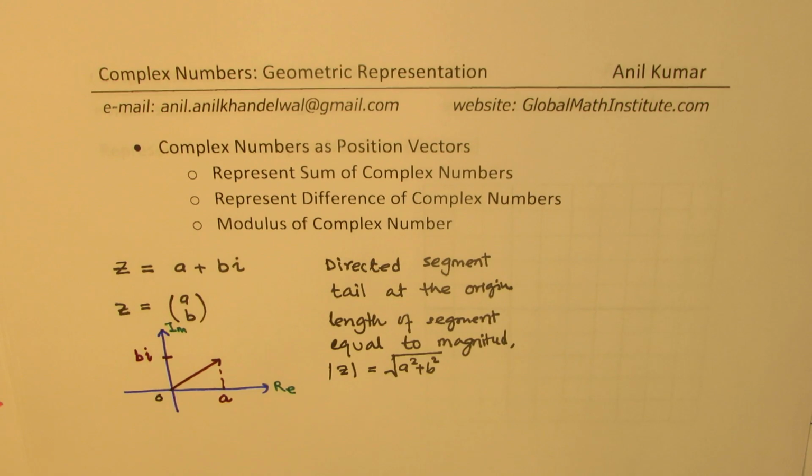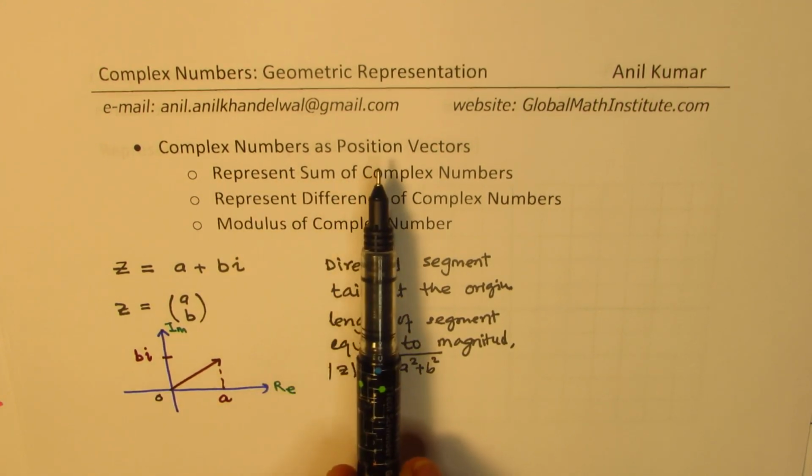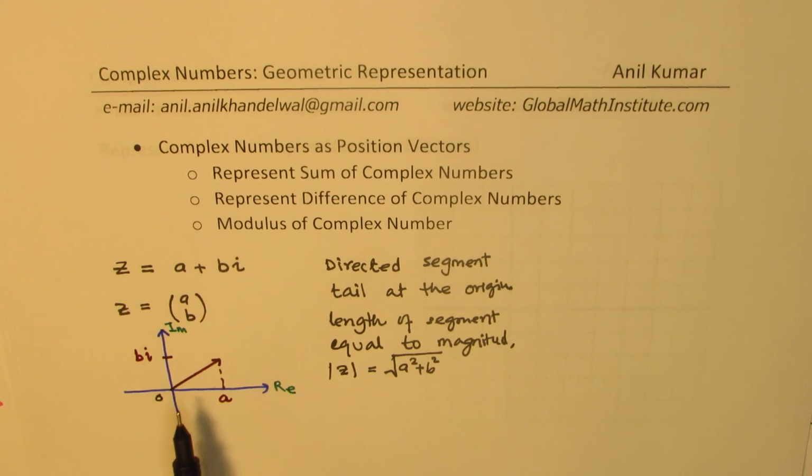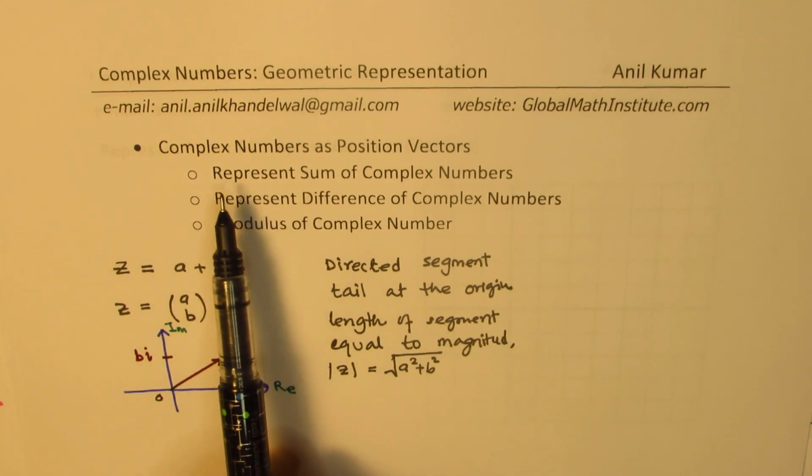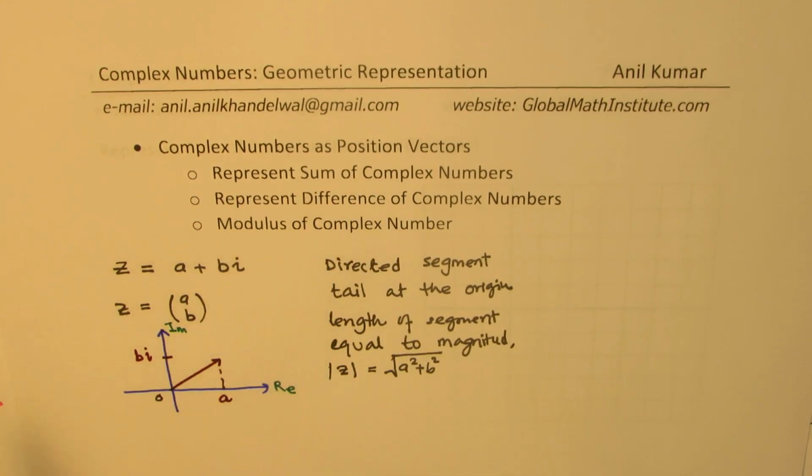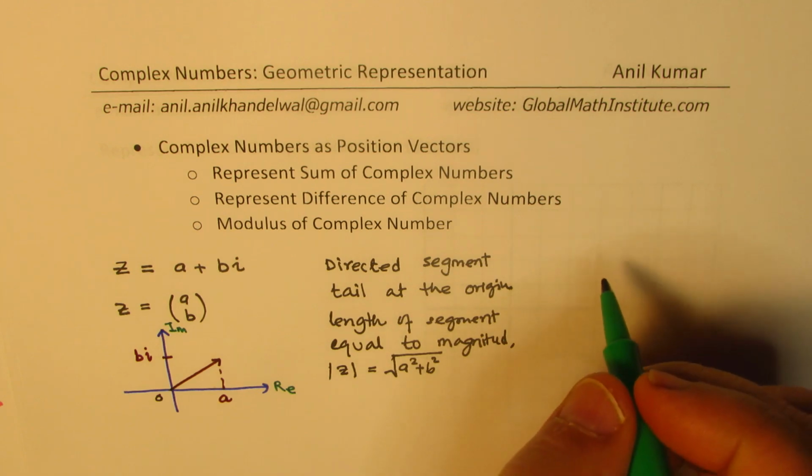Perfect. So we are going to represent our complex numbers as position vectors shown here, and then we'll also see how to add and subtract vectors. To add and subtract, we'll have two different ways of doing it.